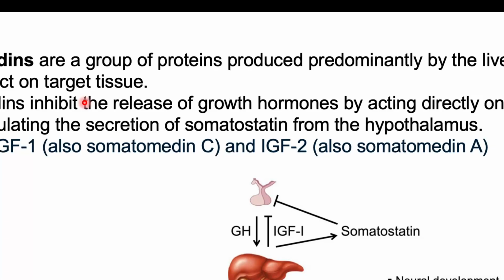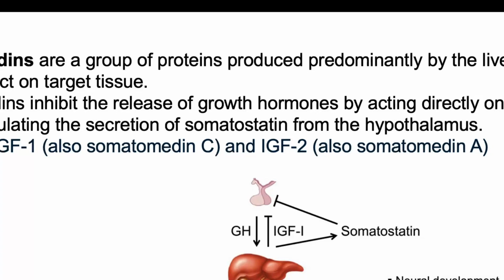So here is a schema showing the function of somatomedins. The pituitary releases GH, or growth hormone, in response to which the liver secretes IGF-1, which is a somatomedin. IGF-1 acts on the brain for neural development, myelination and protection, amyloid beta clearance, and anti-inflammatory properties.